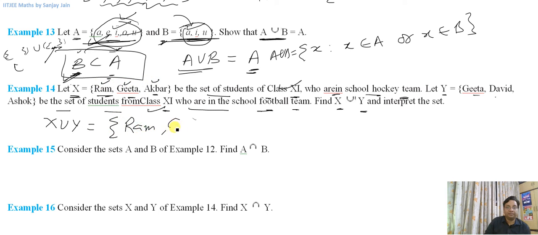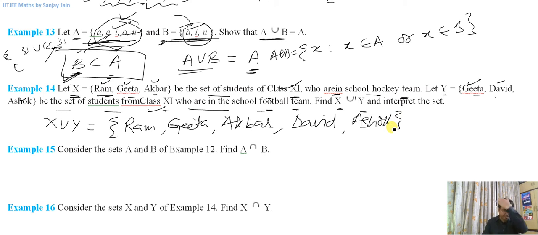Ram, Geeta and Akbar. And what else? Geeta has already been covered, David and Ashok. So David and Ashok will also come in this union of sets, right? So X union Y will have these names: Ram, Geeta, Akbar, David and Ashok.